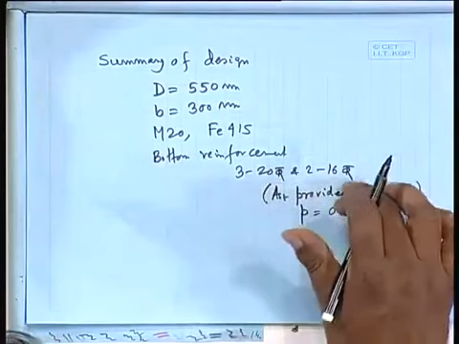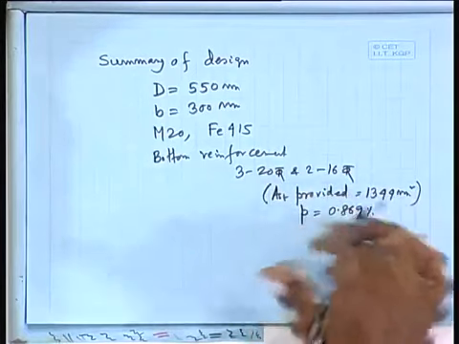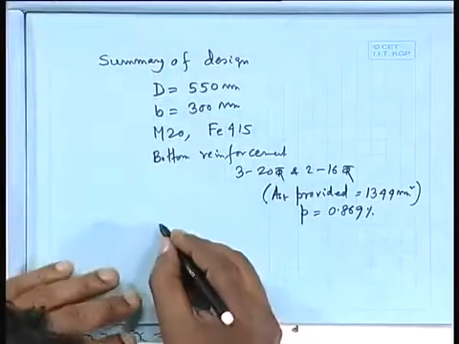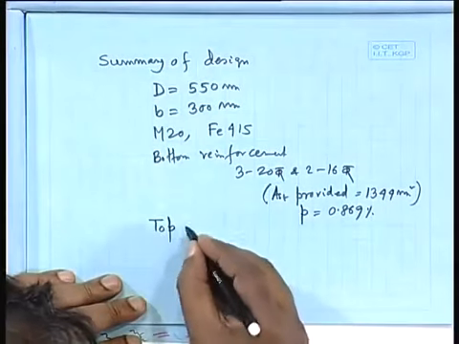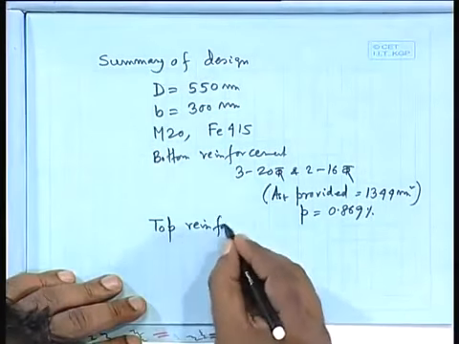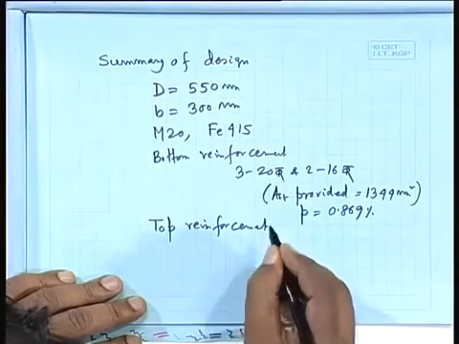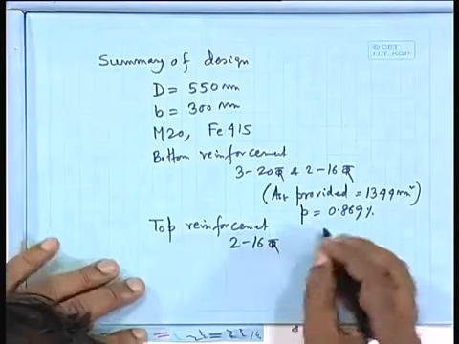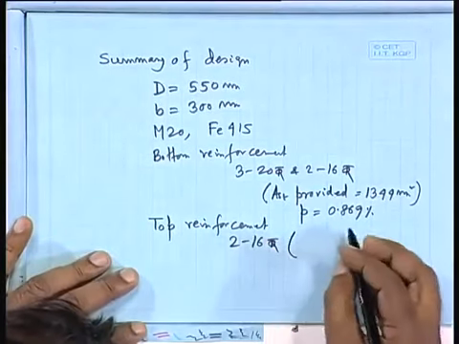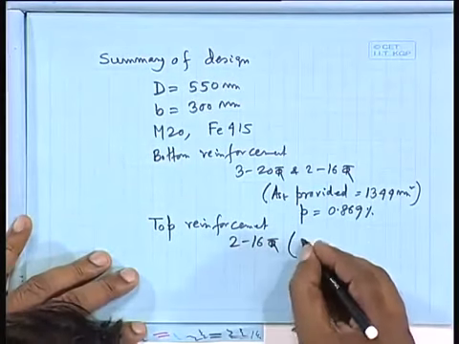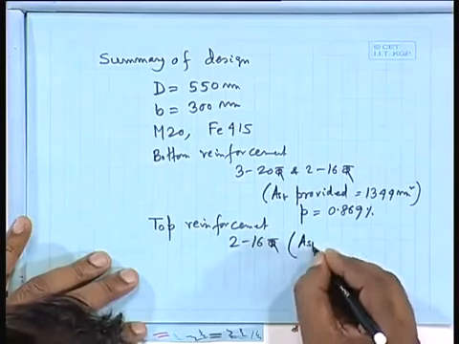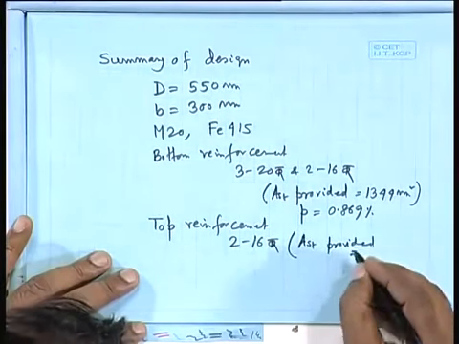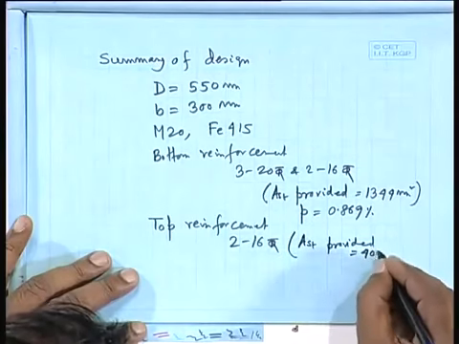We can stop it here, but it is preferable that we should provide that value also what you are providing. Top reinforcement, that is 2 16 torr, and area of steel that is provided that is your say 402.